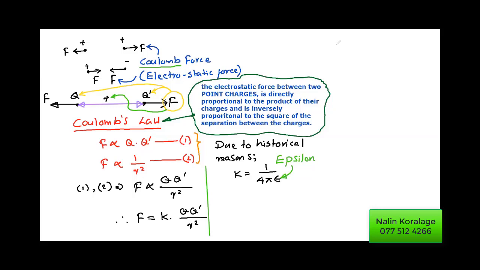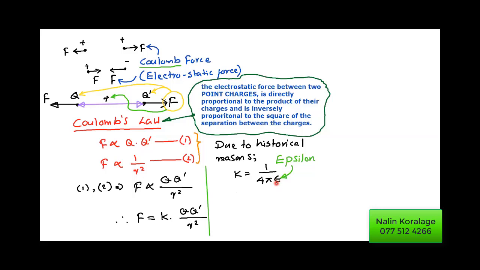For example, if you take this charge and that charge, and these two charges are placed in air, or in vacuum or free space, or in coconut oil, in water, in kerosene, in wax, each and every time, depending on the medium in which these charges are placed, this parameter epsilon is going to change.